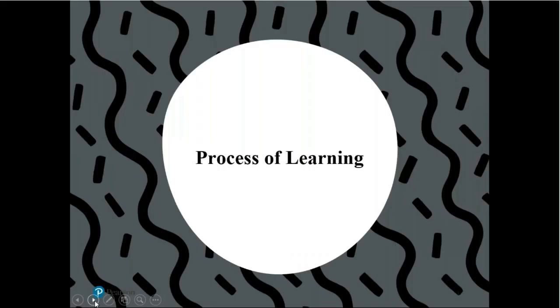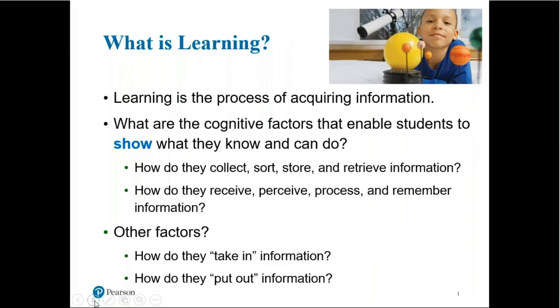So before we start talking about specific learning disorders in particular, let's have a look and a think about the process of learning that we go through as adults, but also that many of the children that we're working with go through in the classroom. So what is learning? It's basically a process of acquiring information.